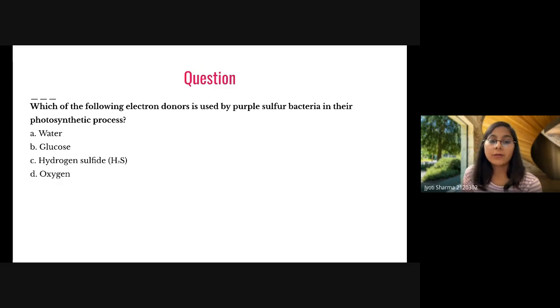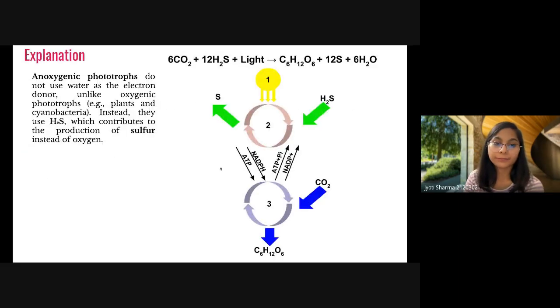If we have purple sulfur bacteria, what will be the electron donor for this? So here the electron donor will be C, that is hydrogen sulfide. This will not be H2O, but this will be H2S. And this is how this comes under anoxygenic photosynthesis.